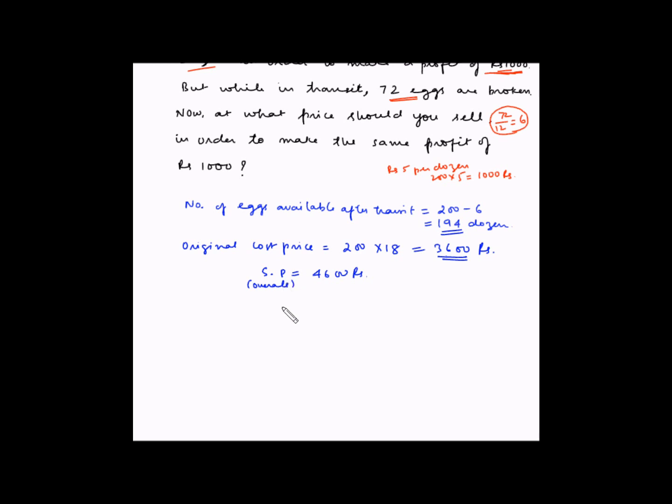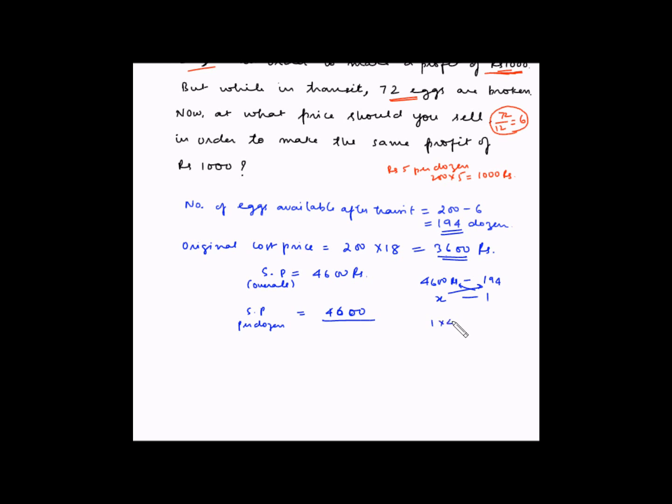Now we want to find the per dozen selling price. So selling price per dozen will be equal to 4600. So 4600 is the selling price for 194 dozen eggs. So for 1 dozen egg, so let's see, 4600 rupees is for 194 dozen eggs. So for 1, how much is the price? Now we can do cross multiplication.